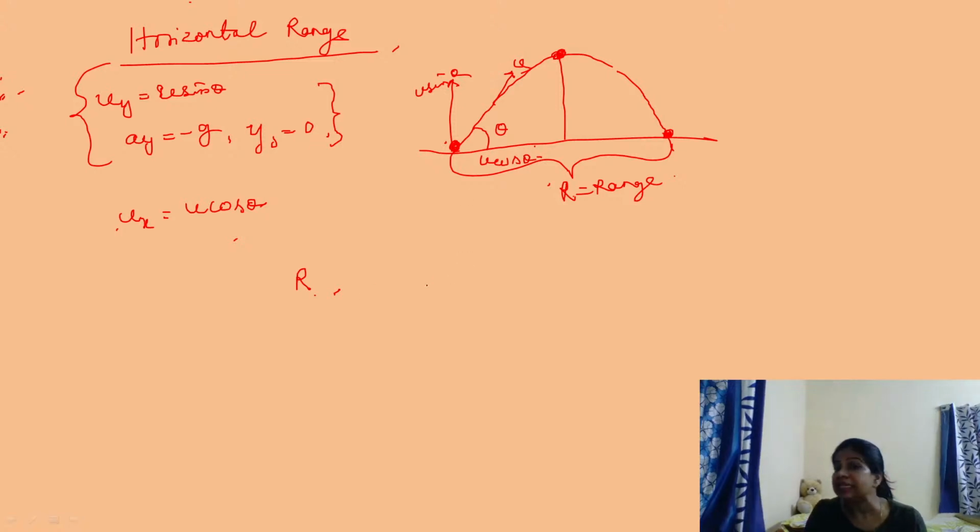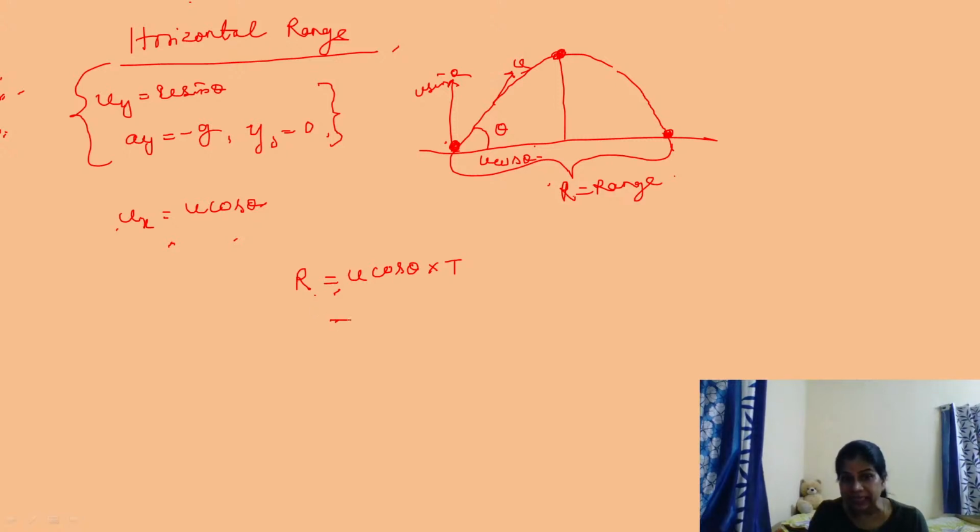So total range if I am considering, R is nothing but the total range I am considering. R is nothing but how much horizontal distance is covered. Suppose u cos theta distance is covered, in how much time? Total time taken, T time taken.